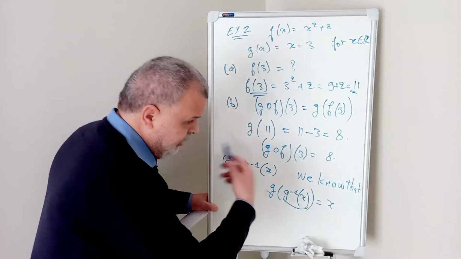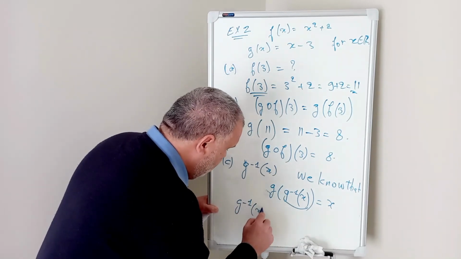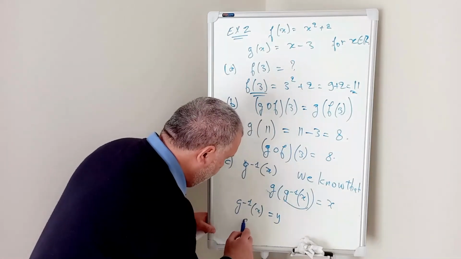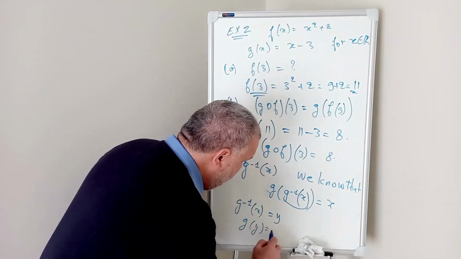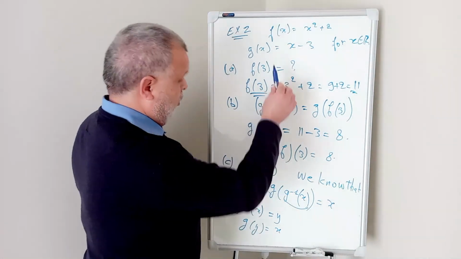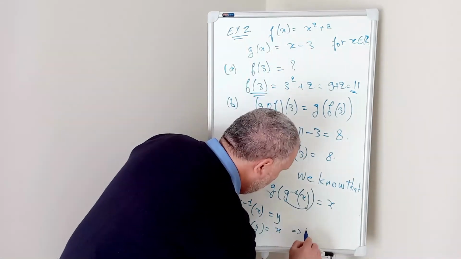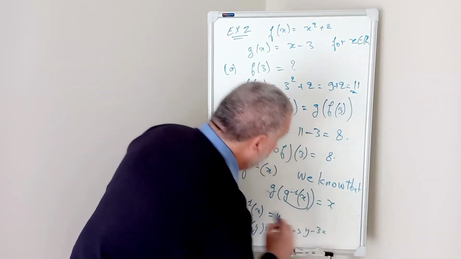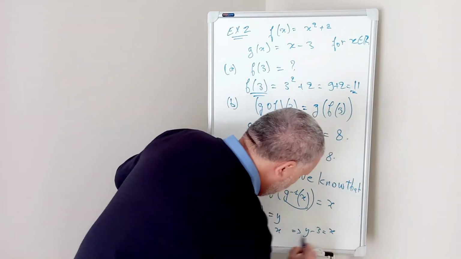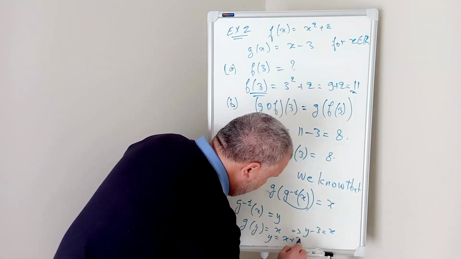Let's call the inverse of g of x equal to y. So we have g of y is equal to x, and this means that g of y is y minus 3. So y minus 3 is equal to x. So y is equal to x plus 3.